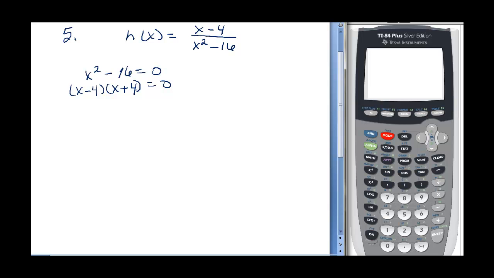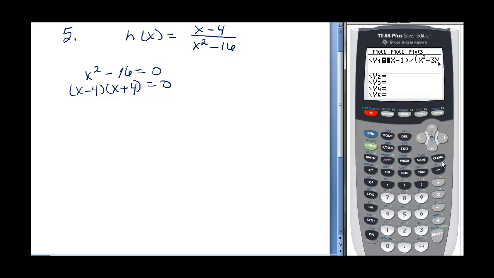And if we graph this, let's go over to our calculator. And by the way, you want to go back and graph number 4 too, just to confirm what you found. But if we graph this one, we will have in parentheses x minus 4 divided by parentheses x squared minus 16.